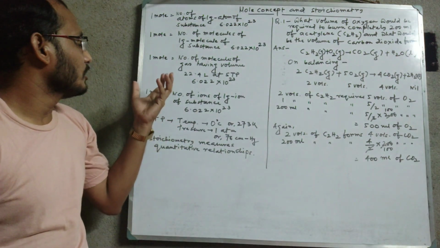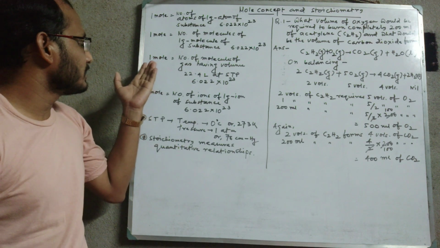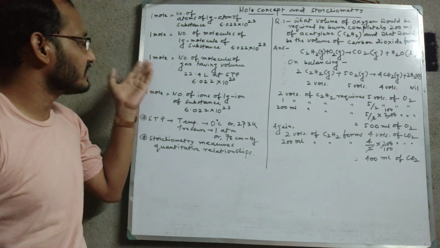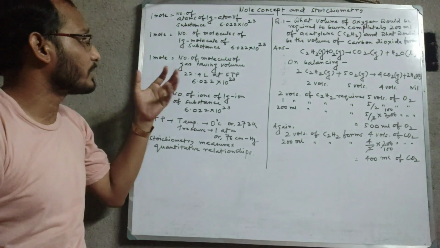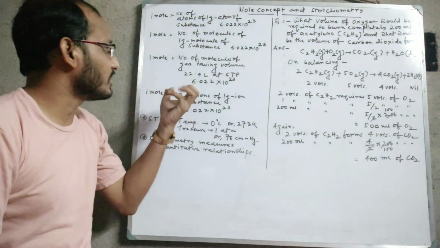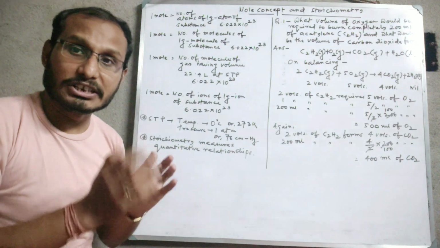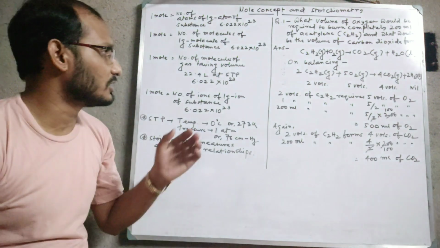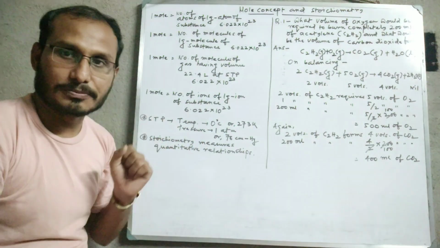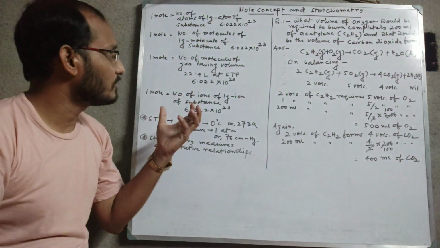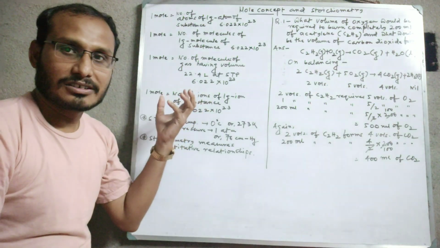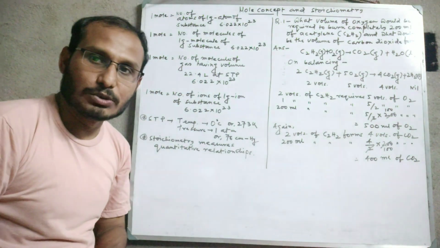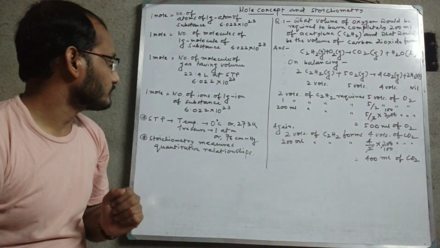And again, 1 mole is equal to the number of molecules of a gas having 22.4 liter or 22400 milliliter or cc at STP, and the number of molecules is 6.022 into 10 to the power 23.